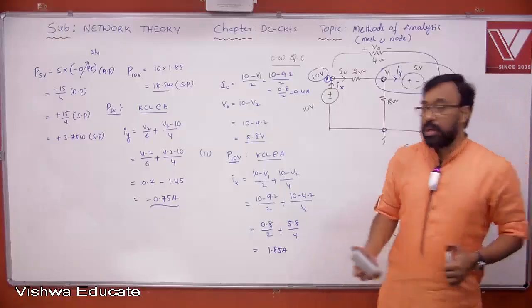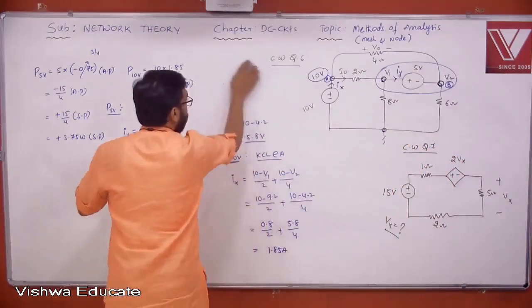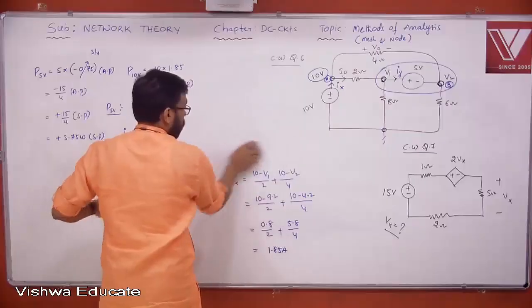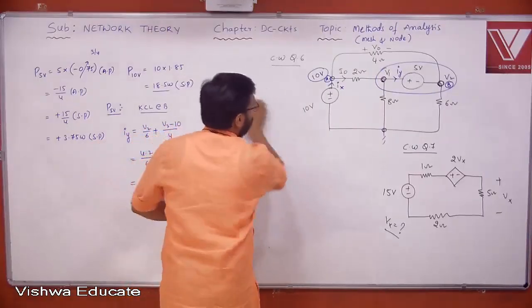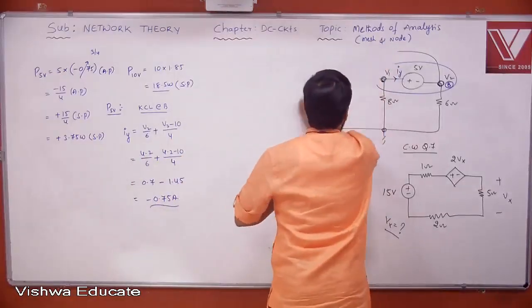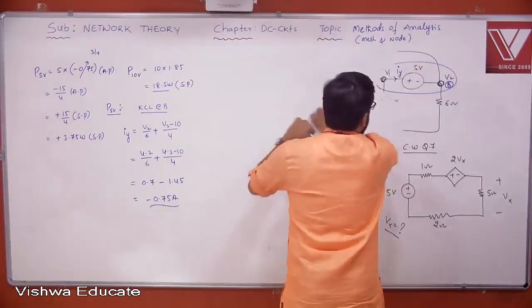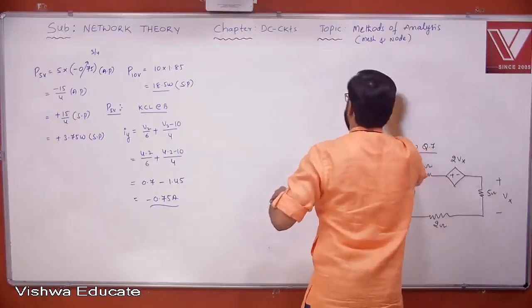Find Vx. So let me take this off. I think all of you are done with this, right? Let me erase it. Please note on that question once again. It is there in your classroom workbook, question number 7. So let's find the value of Vx in that problem.